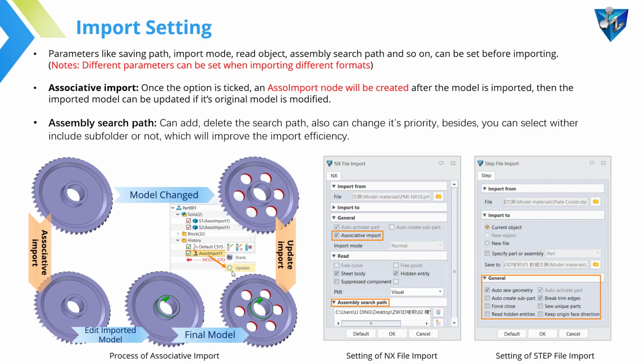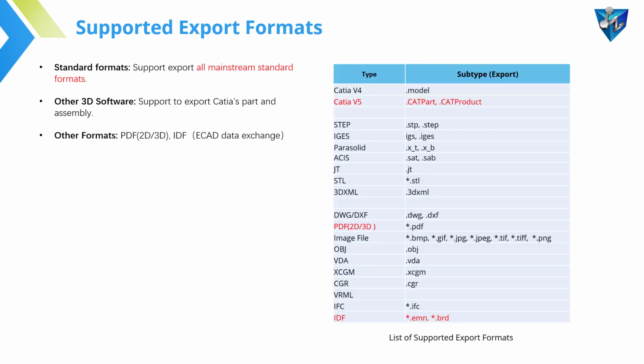Alright, now let's shift to another topic, export. Similar to import, first let's talk about supported formats. As you can see, all the mainstream standard formats are supported, such as STEP, IGS, and Parasolid.